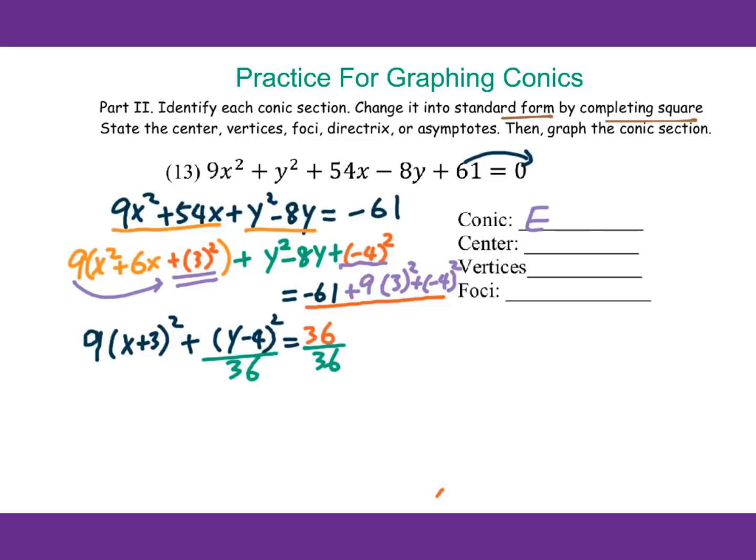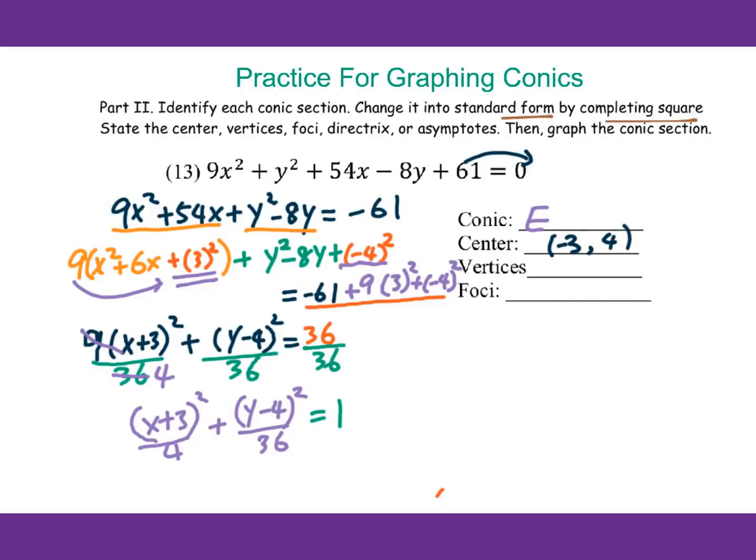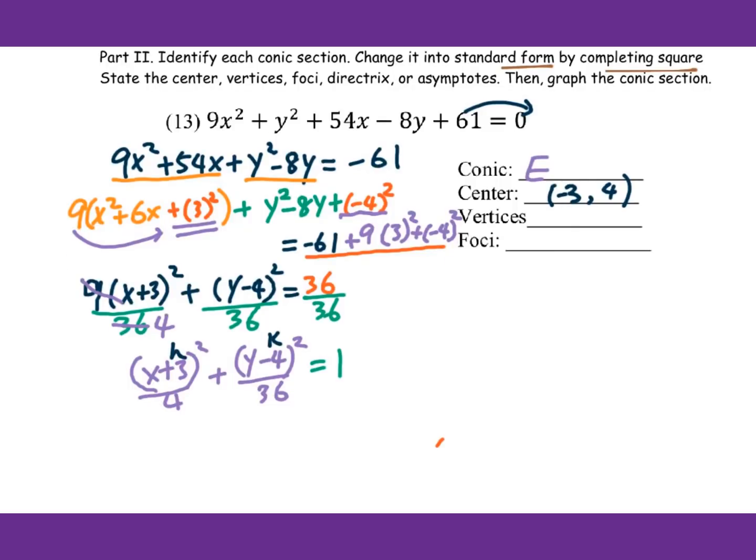Because this is an ellipse, we need it equal to 1 on the right side. Therefore, reduce, you got x plus 3 squared over 4, then plus y minus 4 squared over 36. Therefore, center will be negative 3 and 4. This is h, here is k. Then we do square root. You got 2 and 6.